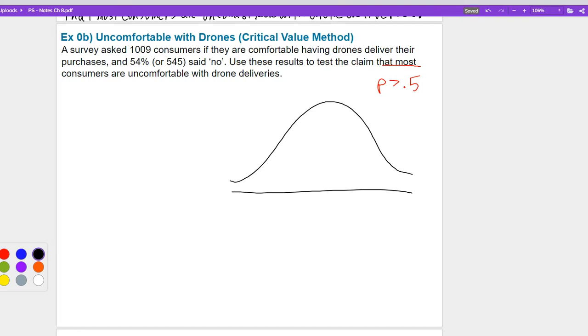The critical value method says there's some critical value, and we want to see if our numbers are more extreme than that critical value. So since this is right-tailed, we want to see if it's to the right of that critical value.